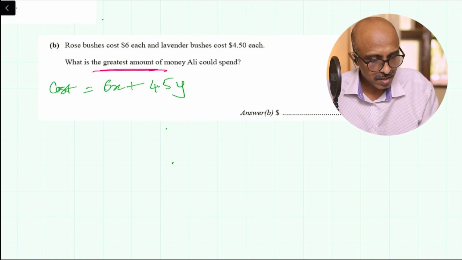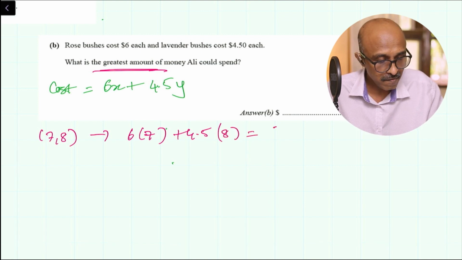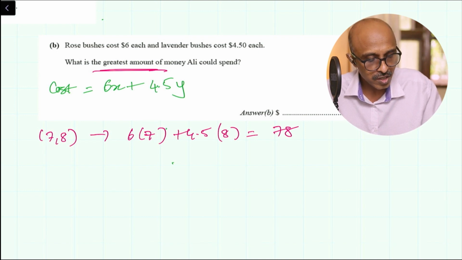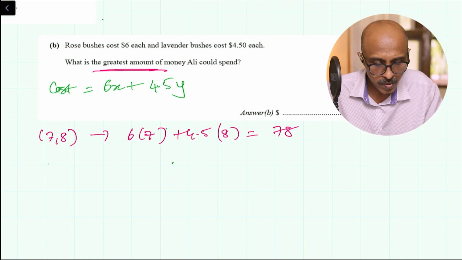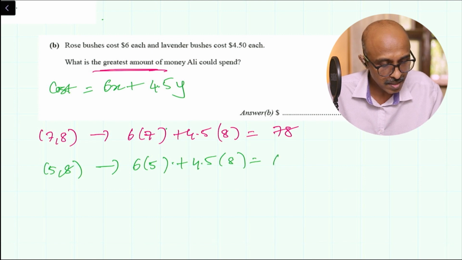So I'm going to write that 7,8 would give us 6 times 7 plus 4.5 times 8, and that is 78. When you compare, as working, I think it'll be a good idea to include the other ones also. So 5,8 gives us 6 times 5 plus 4.5 times 8, which gives us 66.